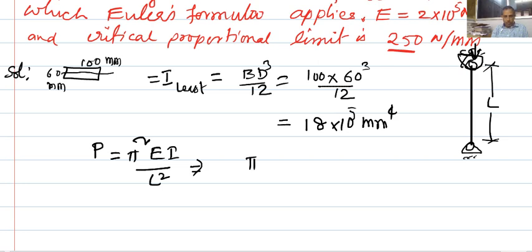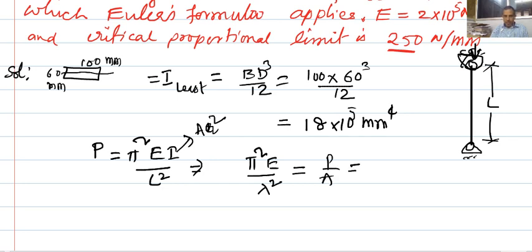That is pi square E by lambda square, where I equals A into R square, the radius of gyration. So P by A, the stress, equals pi square E by lambda square.